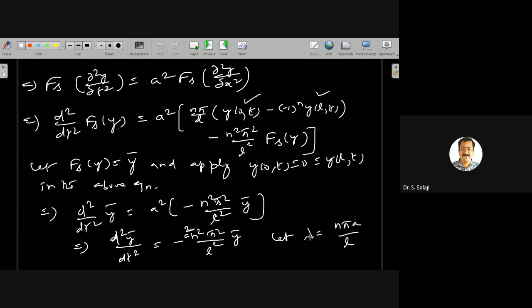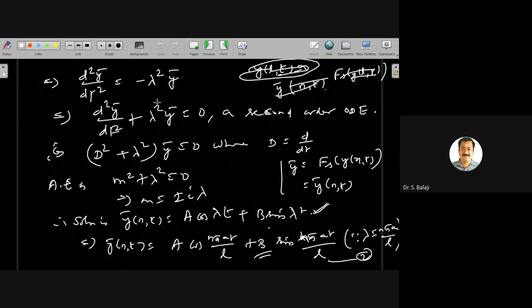I am taking lambda squared for everything here. Lambda is n pi a by L. And then obviously you are getting a second order ODE. You can solve this second order ODE with the help of the auxiliary equation by getting the roots.